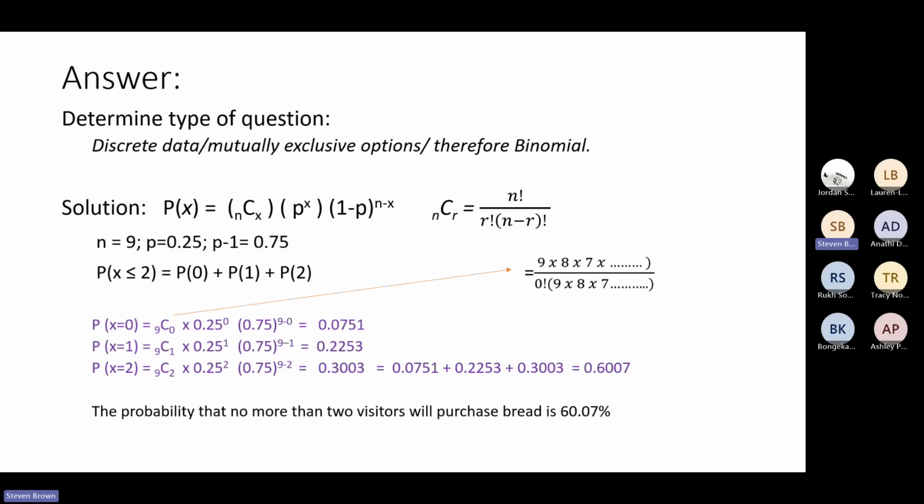Instead of a 0 there, we put a 1, and then N minus 1, which will be 8, with 9 on top. That'll be 0.25 to the power 1, that'll be 0.75 to the power 8. Work it out, and you're going to get 0.2253.